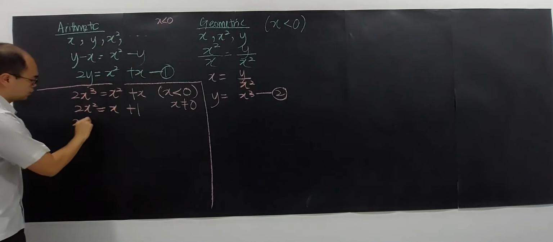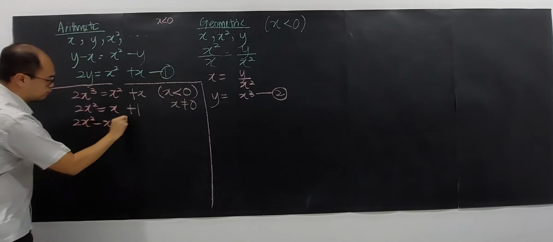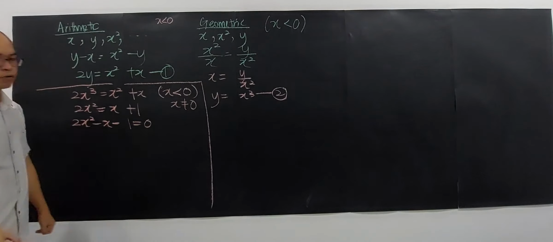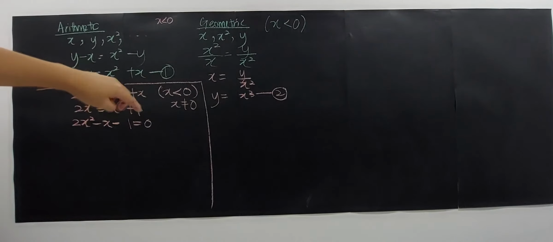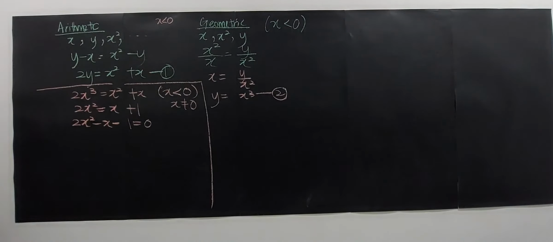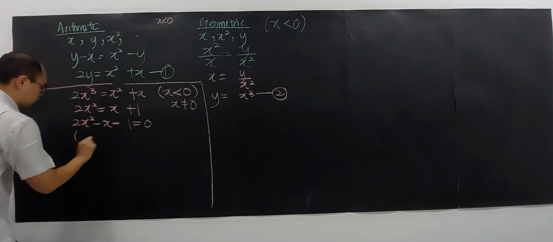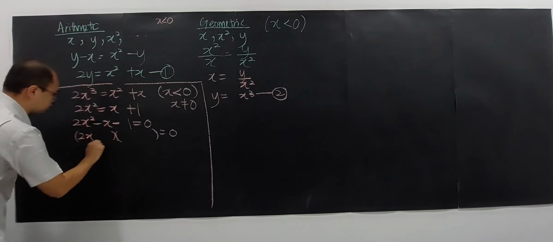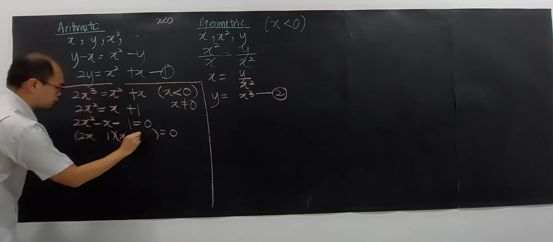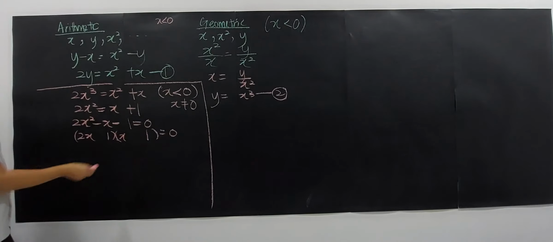Then you're solving the quadratic equation to get the two possible values of x. Bring everything to one side, set the brackets equal to 0: 2x and x, 1 and 1.